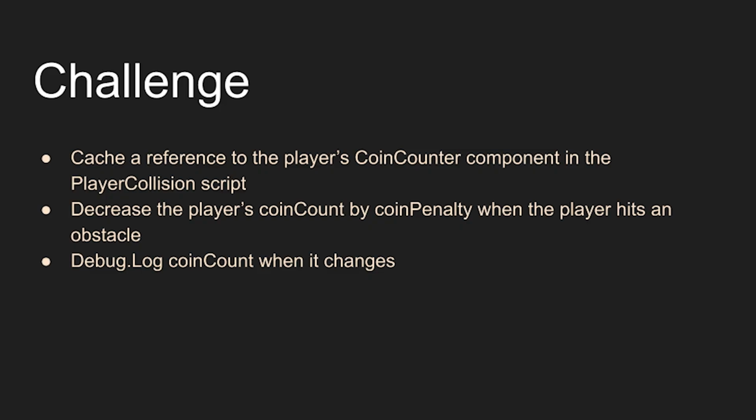And then when the player hits an obstacle, I want you to decrease the player's coin count by whatever the value of coin penalty is. That coin penalty from the obstacle script. And then use Debug.Log to view the new value of coin count whenever it changes. So I'll let you pause the video and try that challenge.